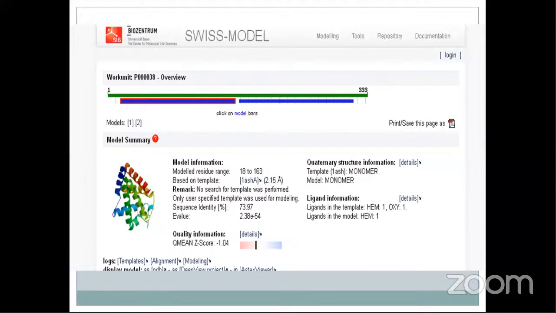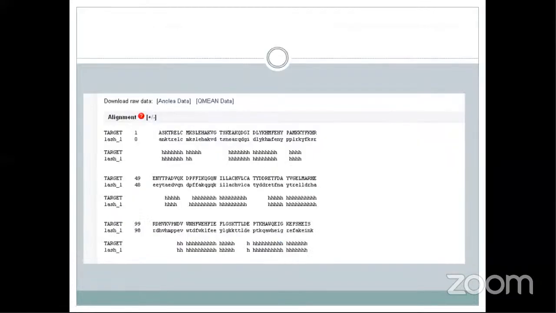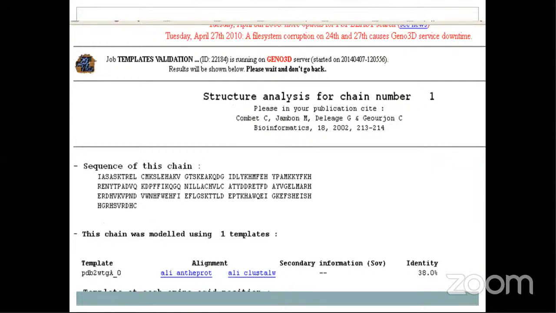So this is what you had seen. Here you can see the template and alignment. This is the alignment which you have seen on the particular website. Now the other one is for threading. This is Geno3D. In Geno3D you are just submitting the protein sequence and you are getting the secondary structure information.